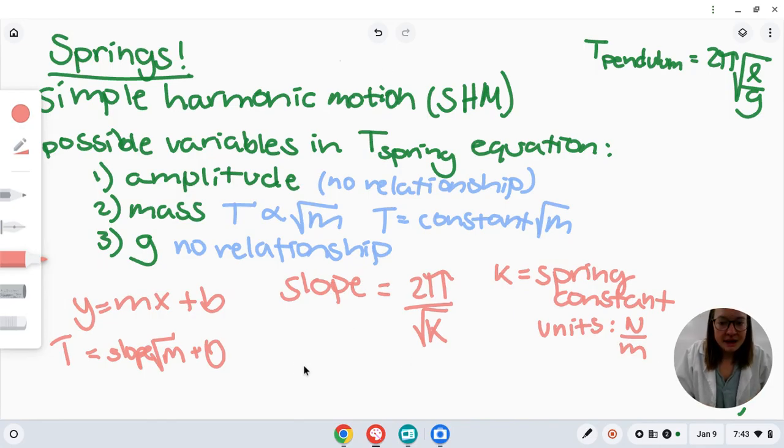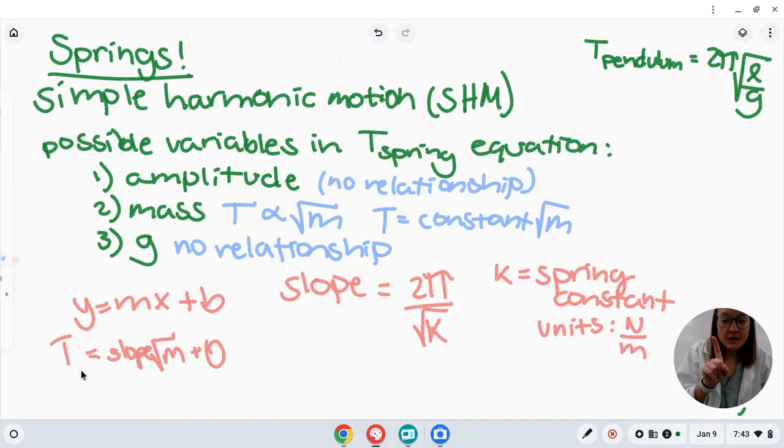This means that overall, our equation for the period of a spring depends on 2 things. First, it depends on the mass on the end of the spring, which should make some sense to us, because more mass has more inertia. And if it has more inertia, it's going to be harder to get it to go. If you have more mass, your period will be longer because it's going to take longer to accelerate that mass.